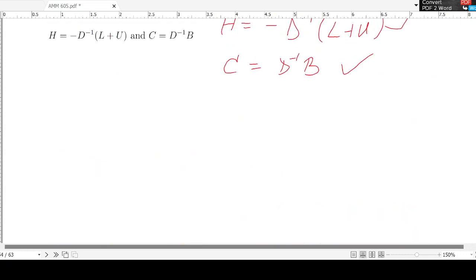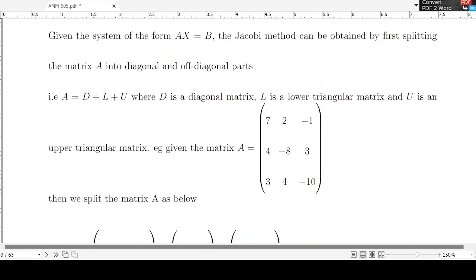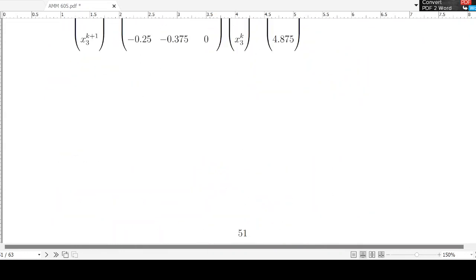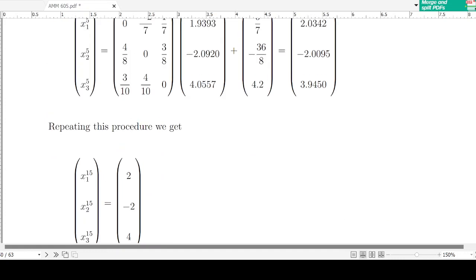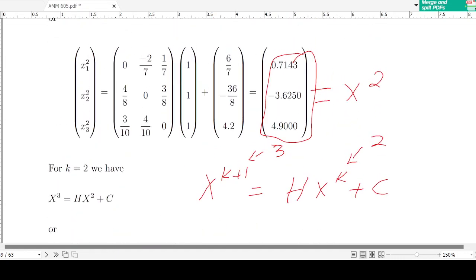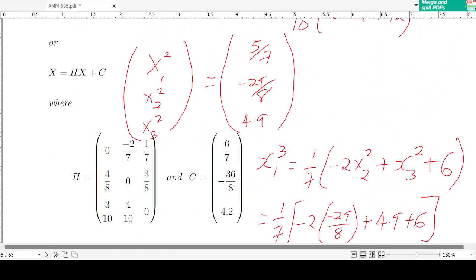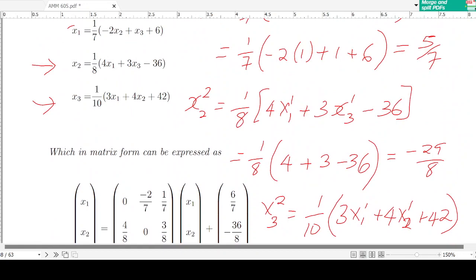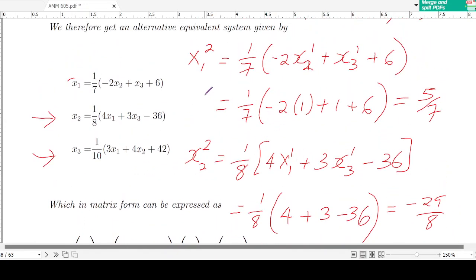Let me just check that equation here above. When we are calculating x1,2, we get 1 over 7 times (minus 2 x2,1 plus x3,1 plus 6), and we compute and we get 5 over 7.